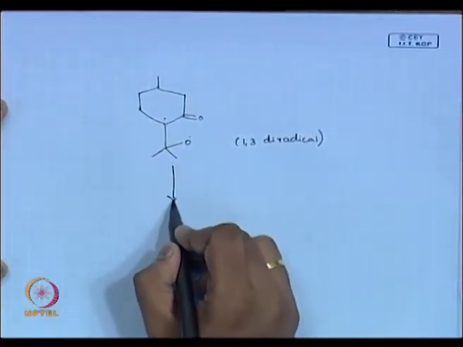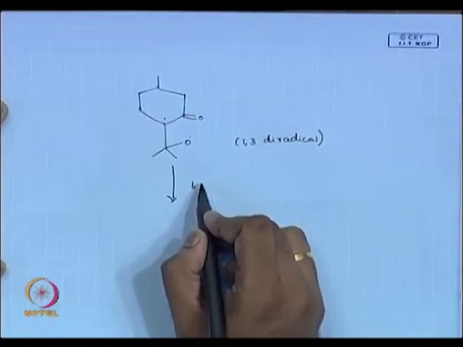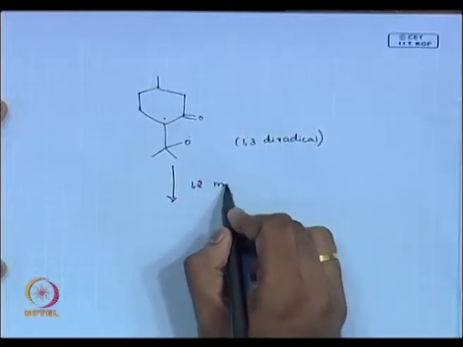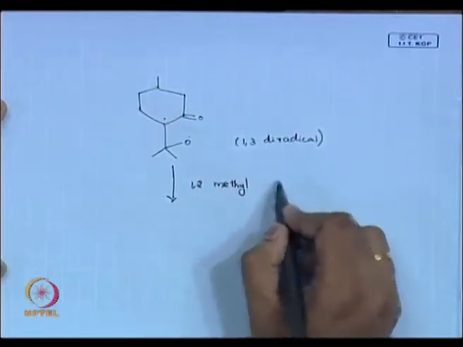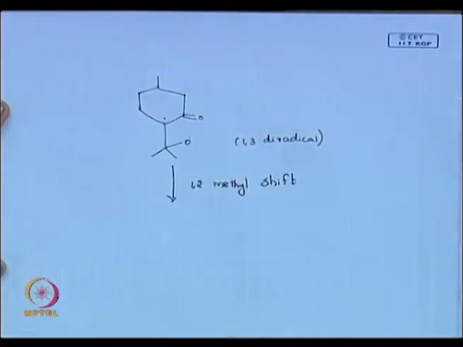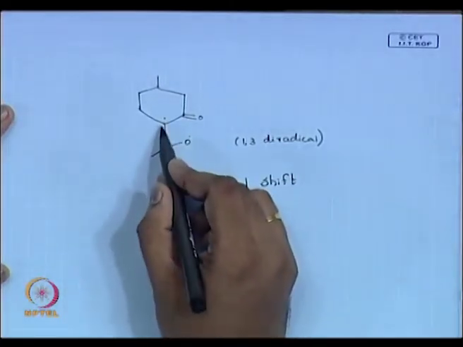Then it does a 1,2 methyl shift. Instead of a hydrogen shift, I can do my methyl shift. If I do a 1,2 methyl shift, I can shift this methyl.